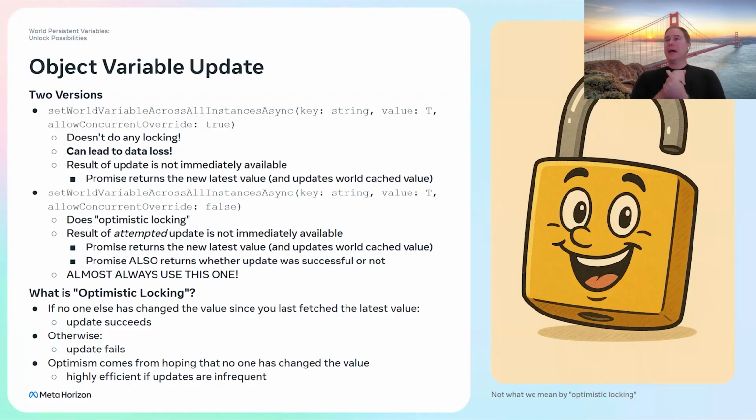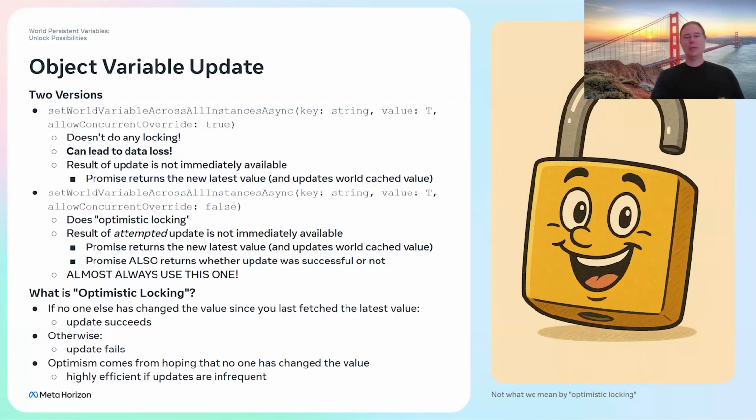So the idea is that the promise is not rejected. Instead, the promise is always fulfilled with both of these, but the promise in this second case, with allow concurrent override of false, will have a Boolean of success in it, which will be false.